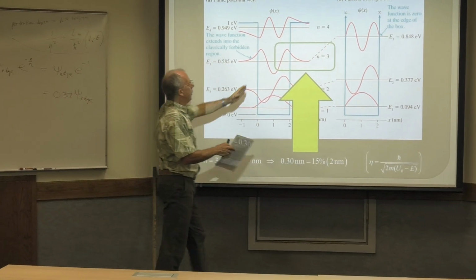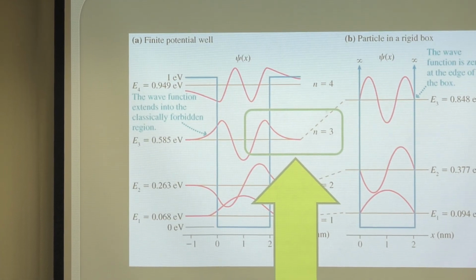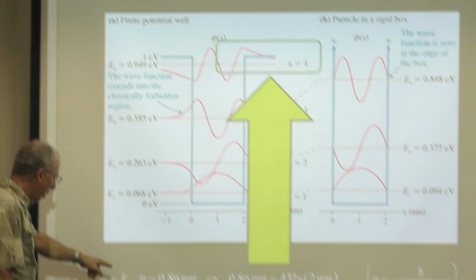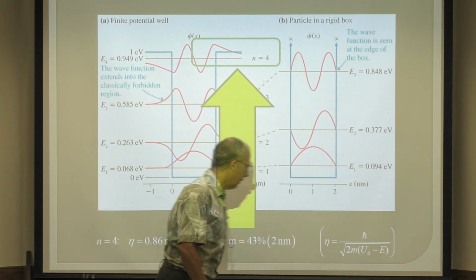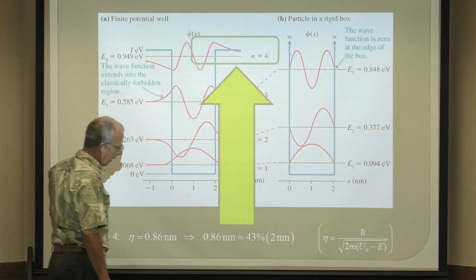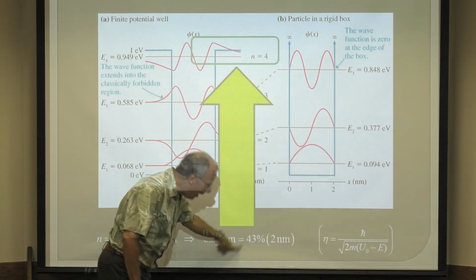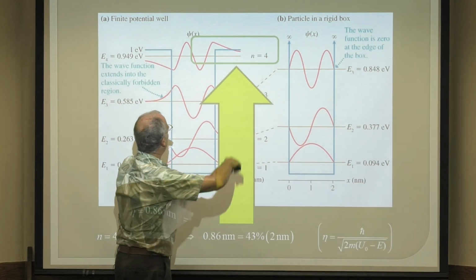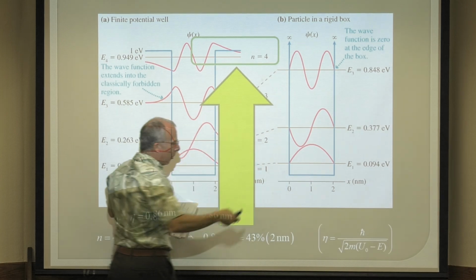Let's go to this guy. This guy is way outside. So for n equals 4, eta is 0.86 nanometers. Again, you just calculate that from this, because you know the energy and you know the total energy. 0.86 is 43%. So here's your 2 nanometers, and eta goes to almost half as much.